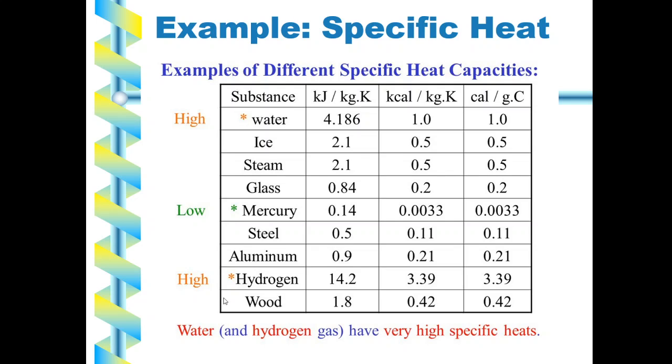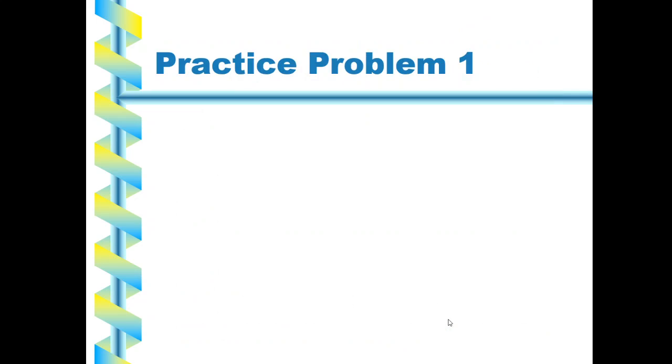And some other high ones would be hydrogen takes a lot of energy to heat up, and so does wood. And that's why a lot of the play structures you see are made of wood, because they don't get hot to the touch as if I made one out of steel, which would be like, whoo, ow, no one wants to get on those slides, right? In 115-degree weather when it's a metal slide. No one's getting on that, okay?